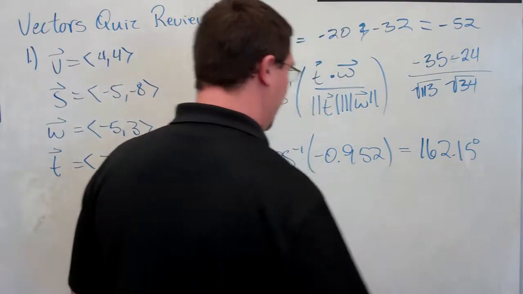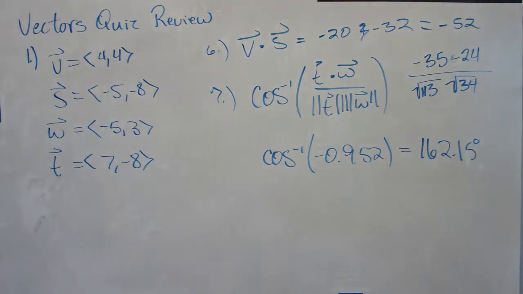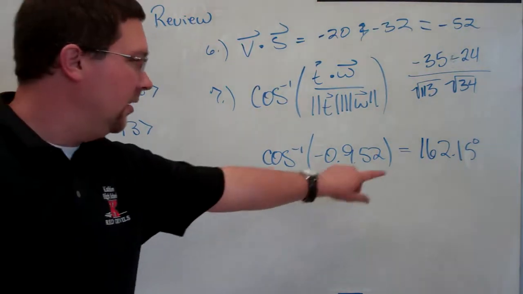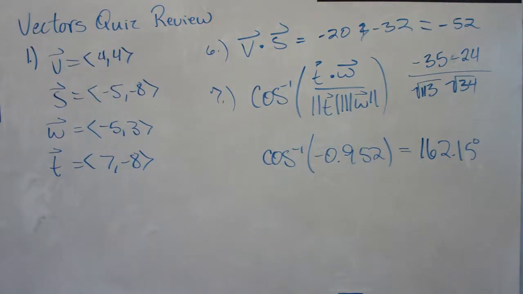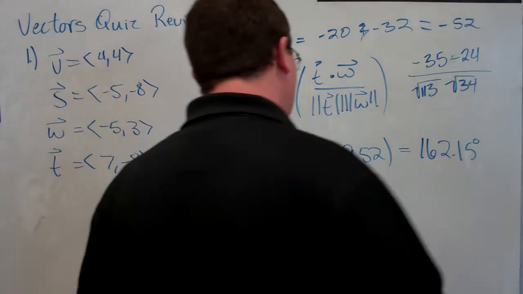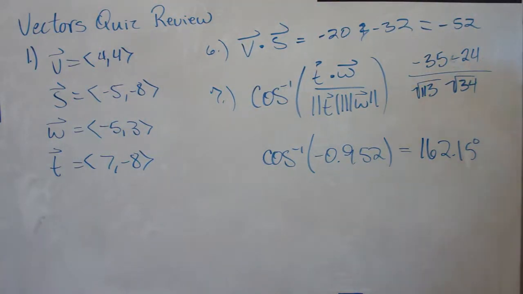When you're doing the angle between vectors, you don't have to worry about adding 180, subtracting 180, or subtracting from 360, all that stuff, because the inverse cosine of that number will give you the angle between your vectors. Remember, it's never going to be greater than 180 degrees. So don't worry about adding or subtracting anything from this number once you get it. So that's 6 and 7.